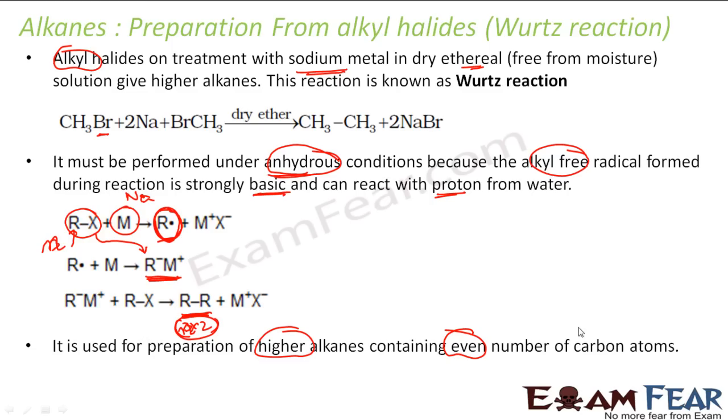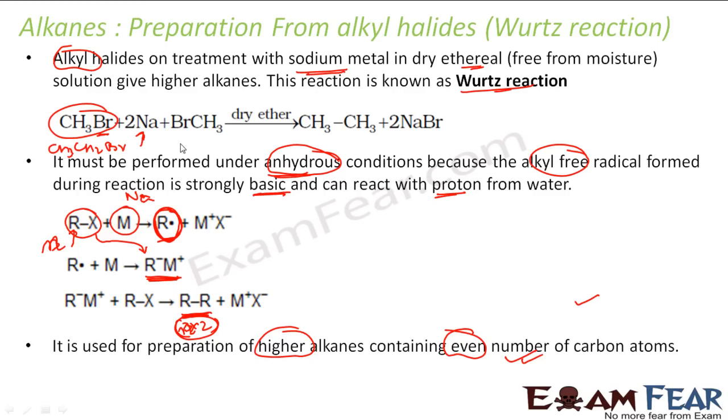I'll take you through one example where this point will be cleared. Let's suppose you take methyl bromide and ethyl bromide together, and then do the reaction. In that case you will be able to form compounds with odd numbers of carbons, but you will not be able to separate them, because they have similar physical and chemical properties.